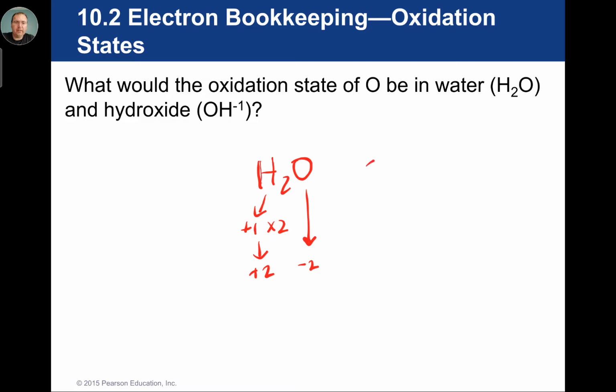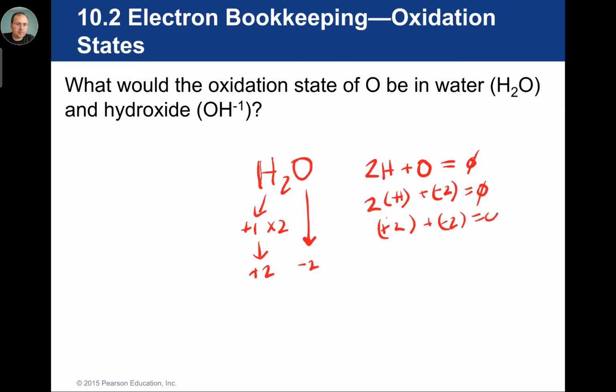Algebraically, we could write it as 2 H's plus oxygen equals 0. I'll put a slash through the 0 to remind you it's not oxygen, oxygen is O. But as we plug this in, it's saying 2 positive 1s by rule plus a negative 2 by rule equals 0. And once you cancel like terms, this is a plus 2 plus a minus 2. And sure enough, 0 does equal 0. That should be no huge surprise.